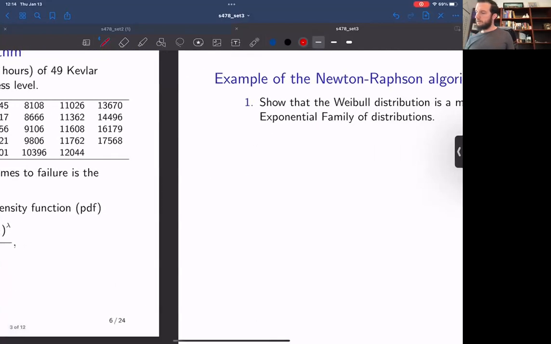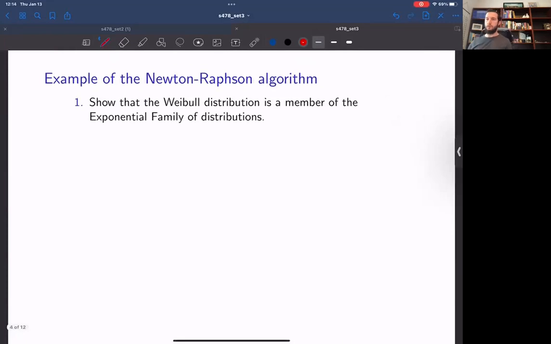All right, so we can show that this distribution is a member of the exponential family.